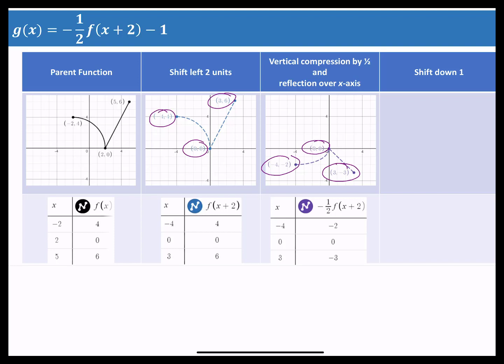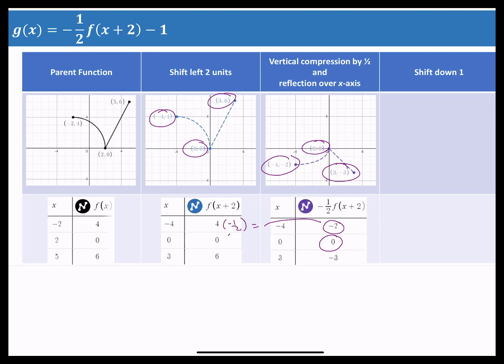We also see this in the table of values. When x equals -4, the output is -2, which is -1/2 times 4. When x equals 0, the output is 0.